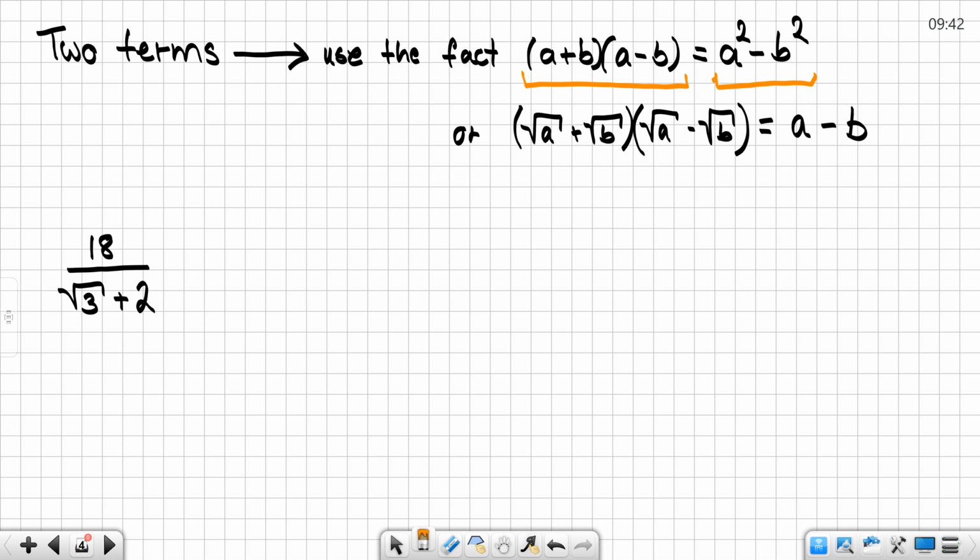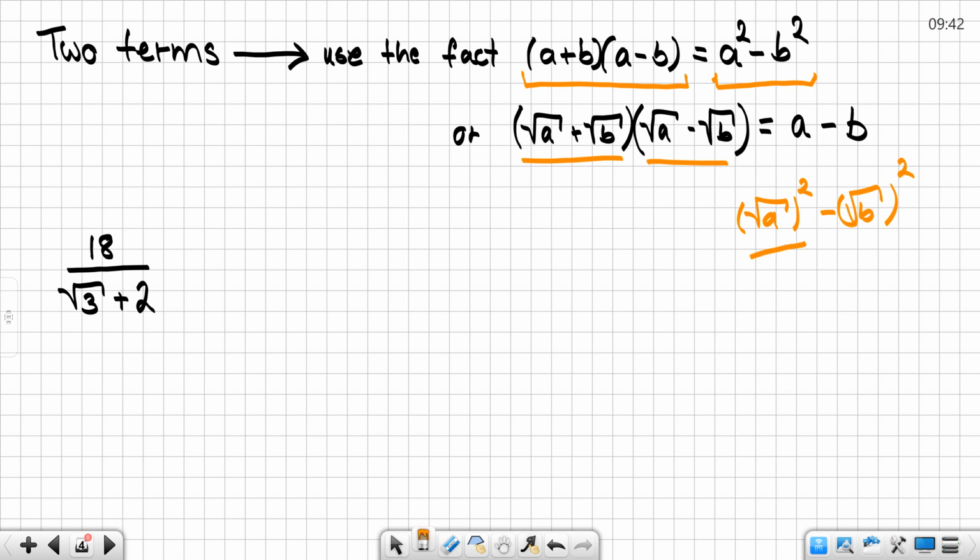In the same way, I have that the square root of a plus the square root of b times the square root of a minus the square root of b would be the square root of a squared minus the square root of b squared.